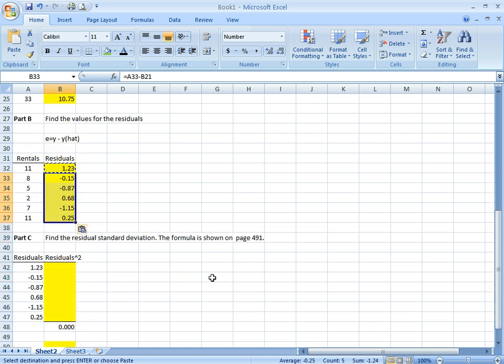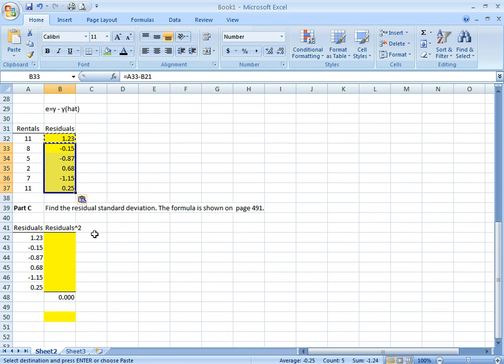Now we can go ahead and move on to part C, which asks us to find the residual standard deviation. The formula is on page 491. But what it actually is, is the square root of the residuals squared divided by n minus 2, n being 6, the number of age groups that we used.